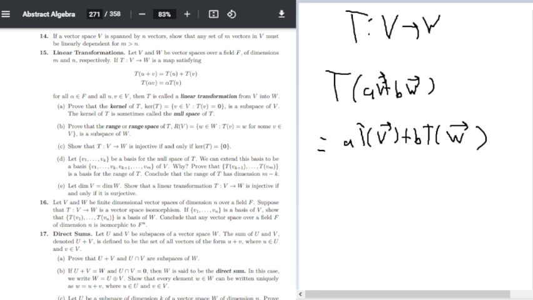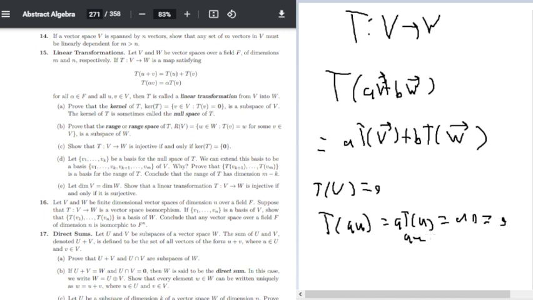Prove that the kernel is a subspace of V. The kernel of T is sometimes called the null space of T. So first of all, assume that T of u is equal to 0. Then T of au is equal to a T of u, which is equal to a0, which is equal to 0.